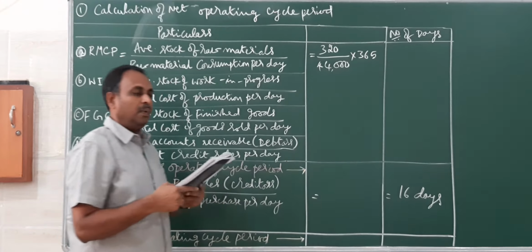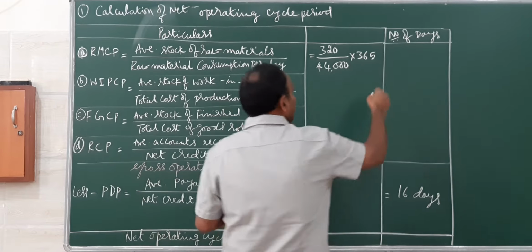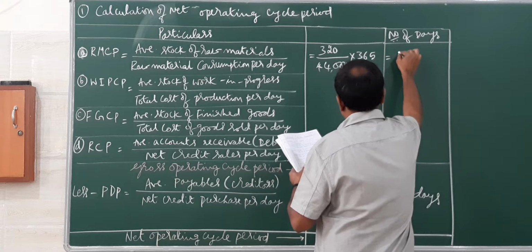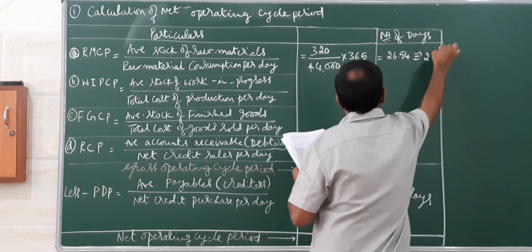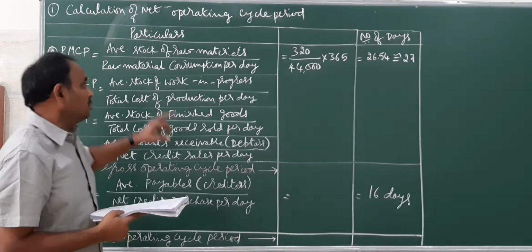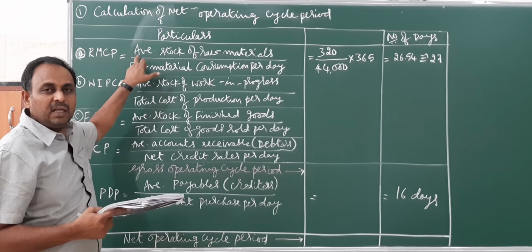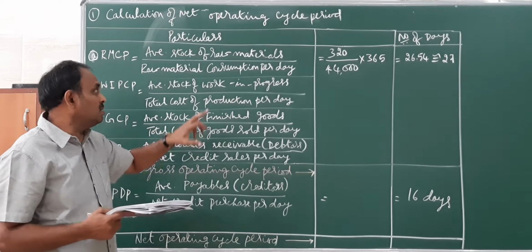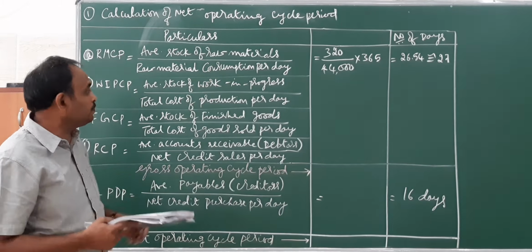The answer is 26.54, approximately 27 days. This explains how many days it takes to convert the raw materials based on the average consumption per day.